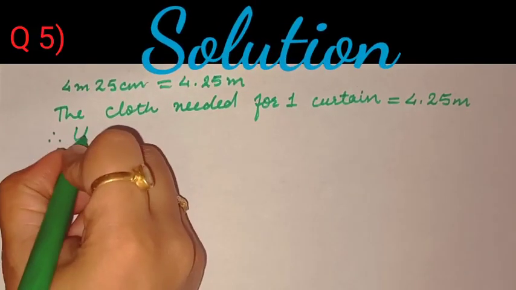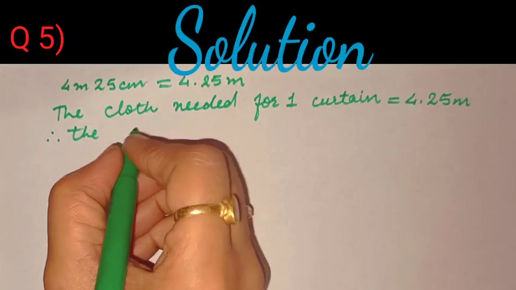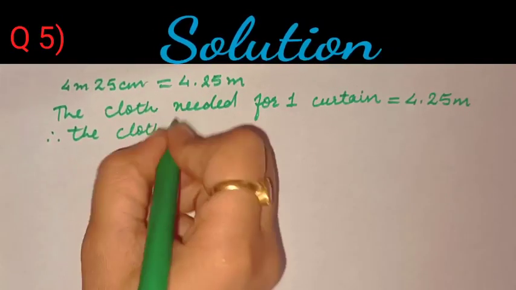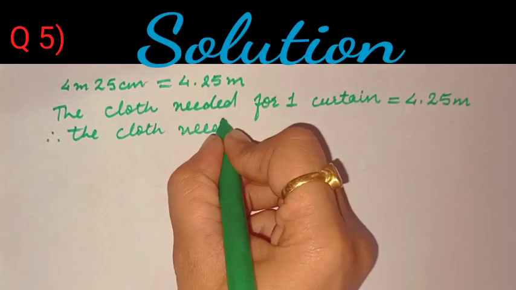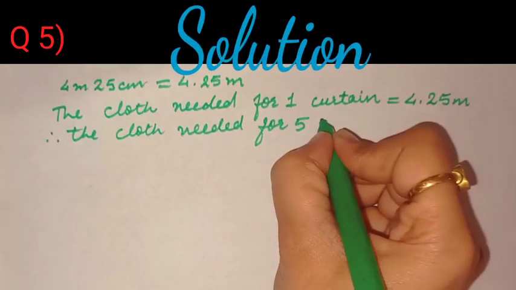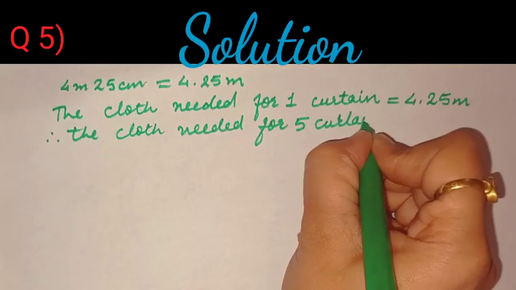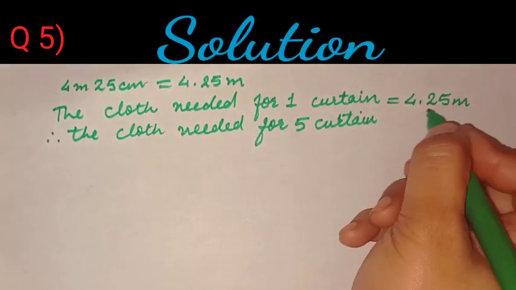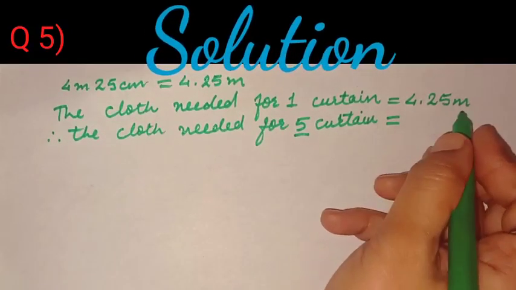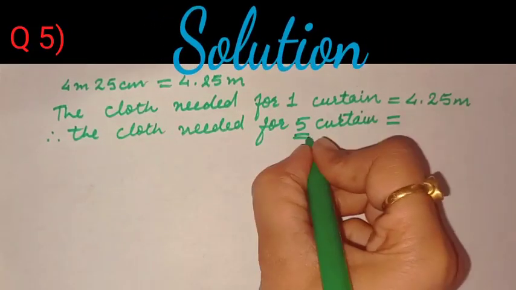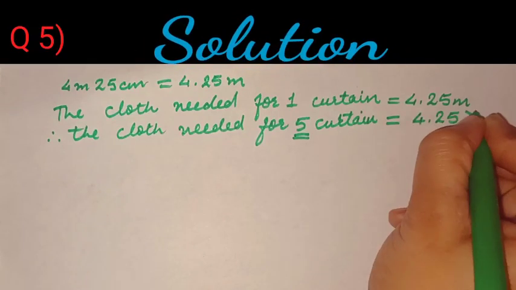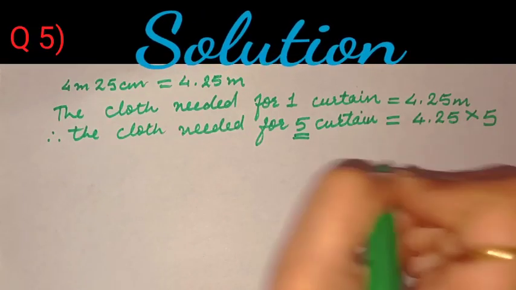So, the cloth needed for 5 curtain, we'll write as it is. For one curtain, 4.25. For 5 curtain, we'll multiply 4.25 meter with 5.